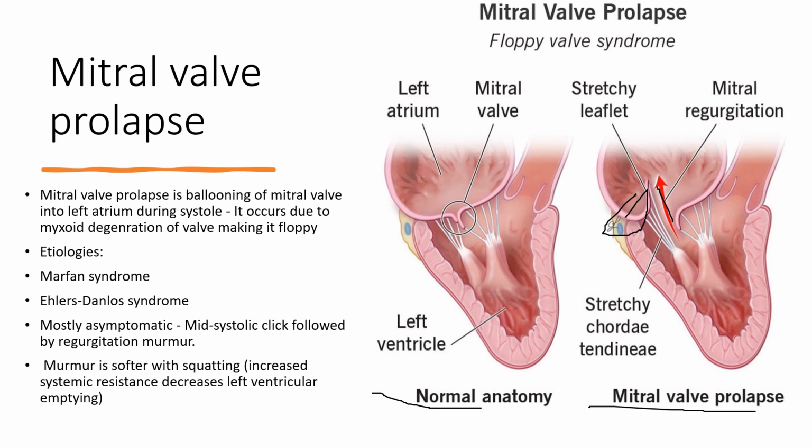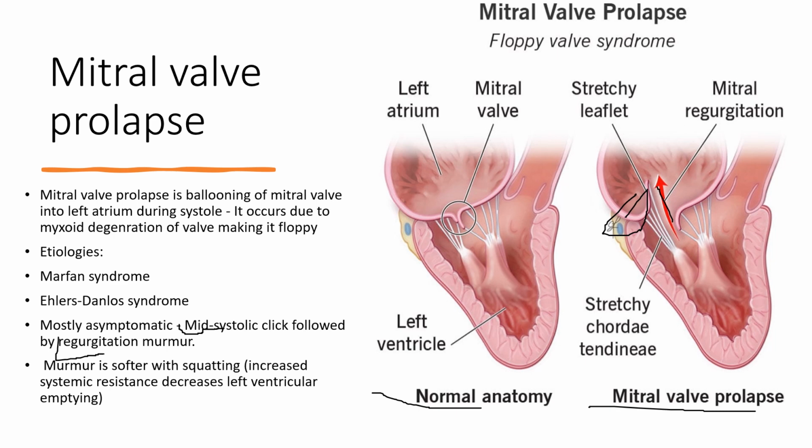The presentation is mostly asymptomatic, with a mid-systolic click followed by a regurgitation murmur. You should know this: mid-systolic click followed by the regurgitation murmur. The murmur is softened with squatting.